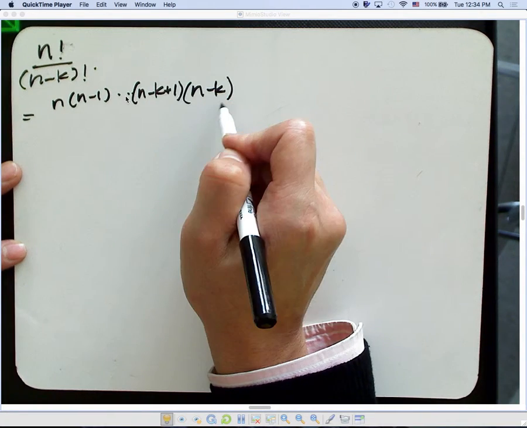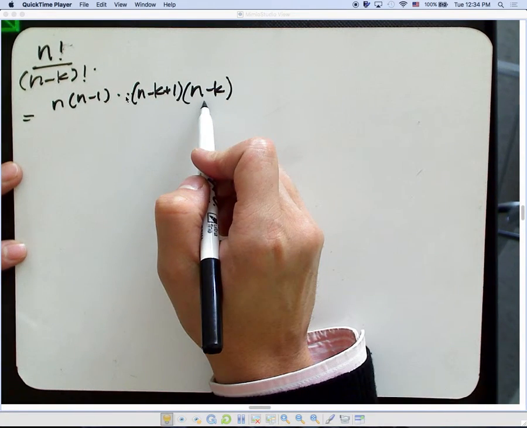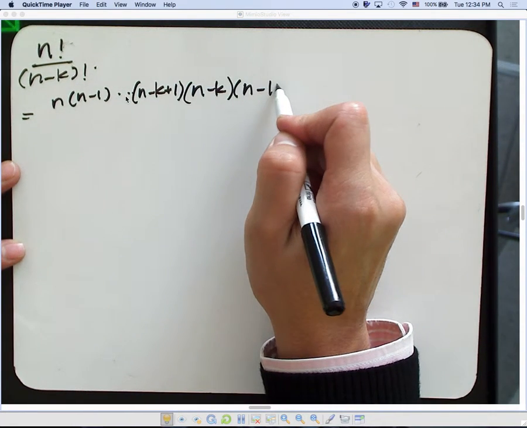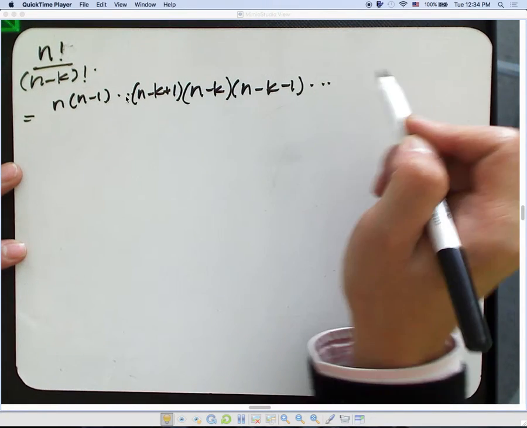Then n minus k, then 1 less, and just keep going. At the end we have 2 times 1.